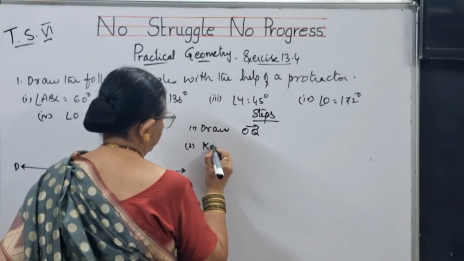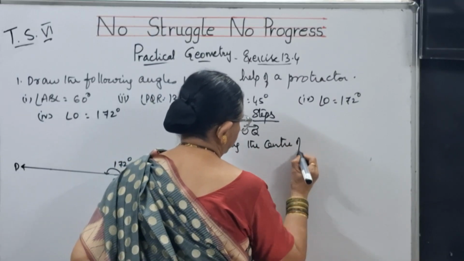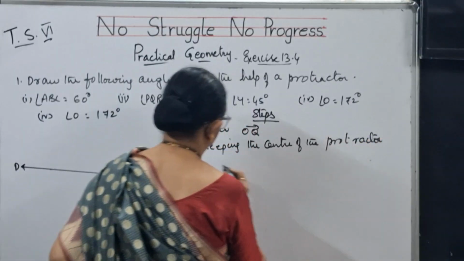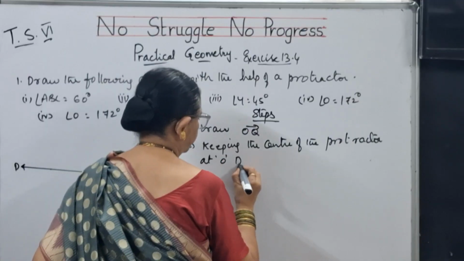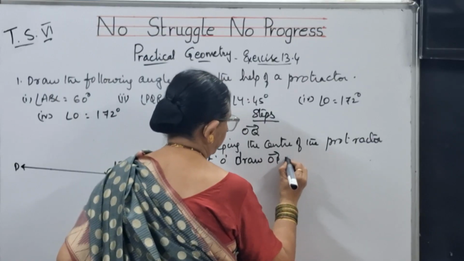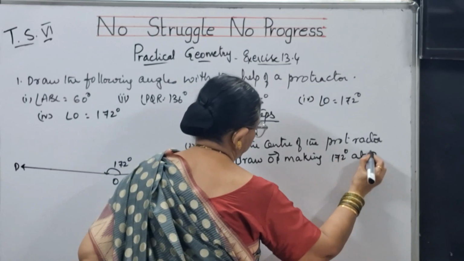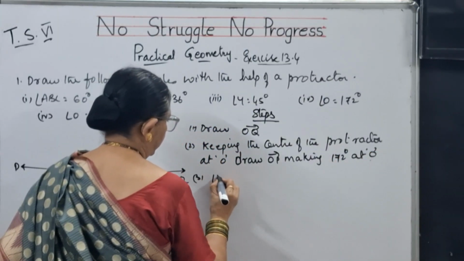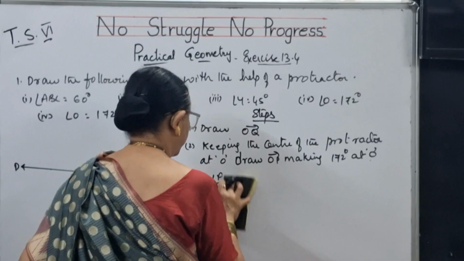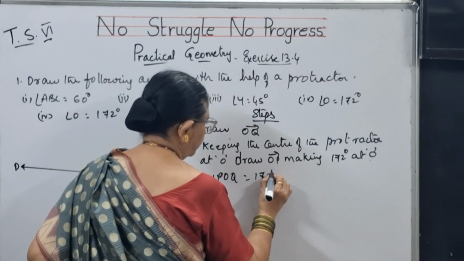Second step, keeping the center of the protractor at O, draw OP ray making 172 degrees at O. Third point, angle POQ is equal to 172 degrees.